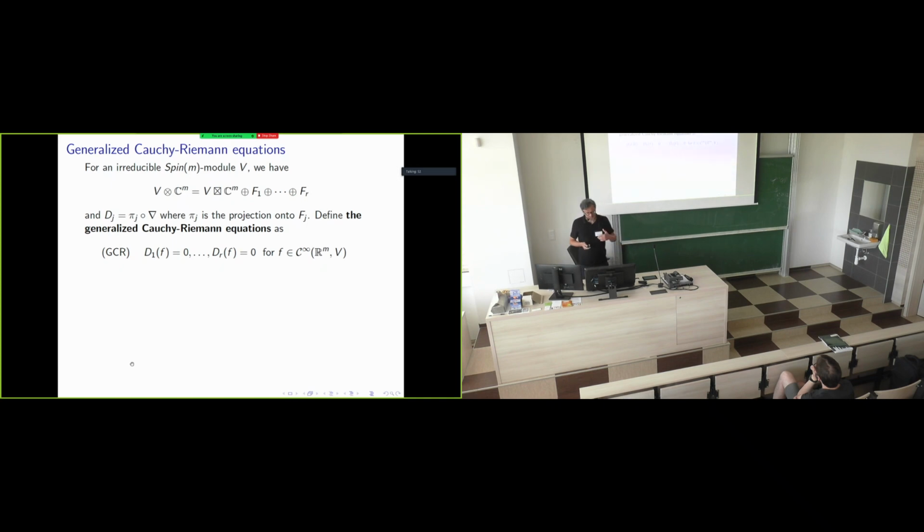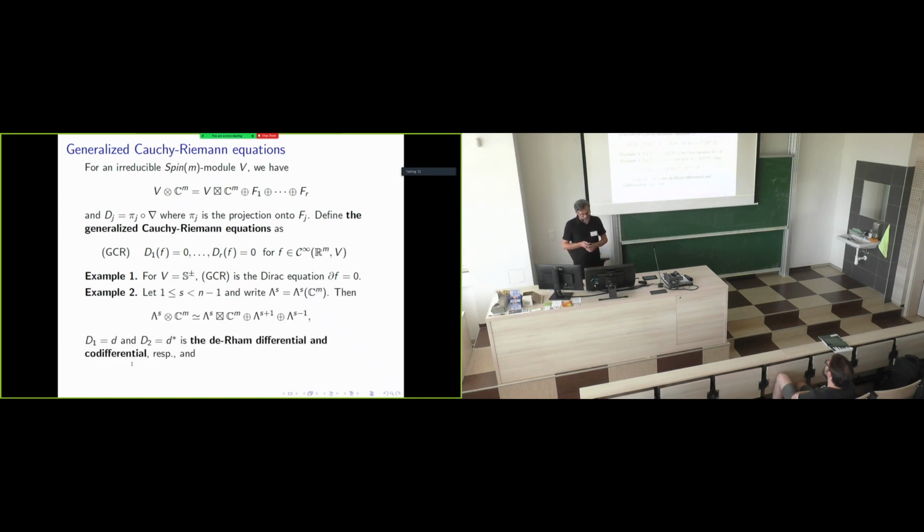Then we define the generalized Cauchy-Riemann equations as the homogeneous system for all Stein-Weiss gradients, except for that corresponding to the Cartan product. For basic spinor representations, the generalized Cauchy-Riemann equations are nothing else than the Dirac equation itself, so nothing new.